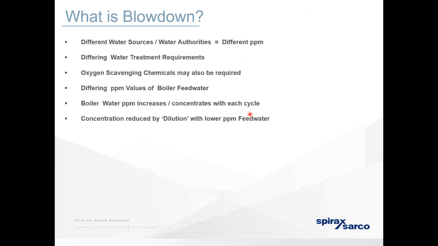In the boiler, the longer you run it, the more you return, the higher the concentration of ppm. So we need to get rid of that, and it is reduced by dilution with lower ppm feed water. By the feed water we return, especially when you add makeup water, you can lower the parts per million by replacing the water in the boiler.